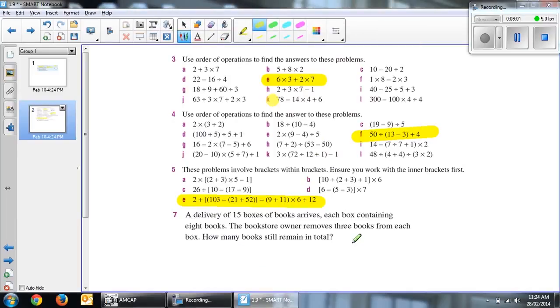So we've got 15 boxes. Each box has 8 books in it, and the bookstore owner takes away 3 books from every box.